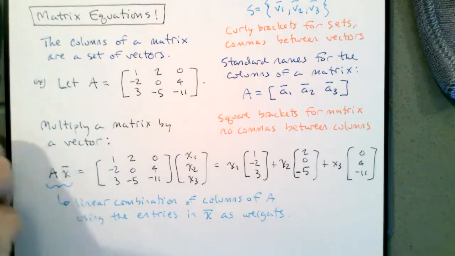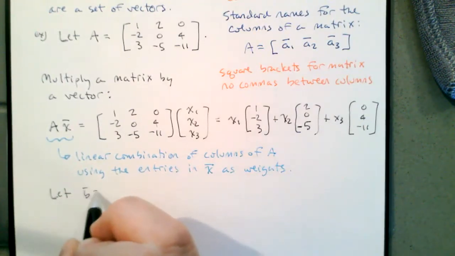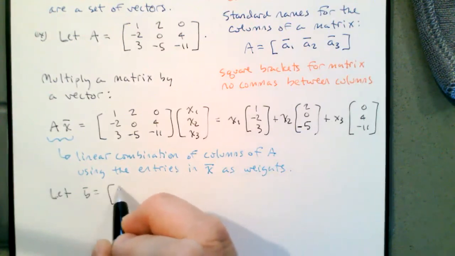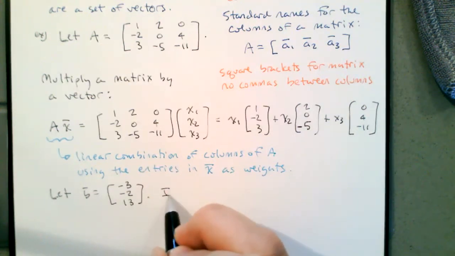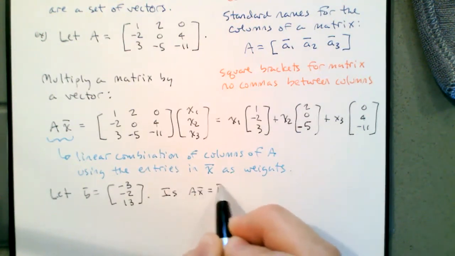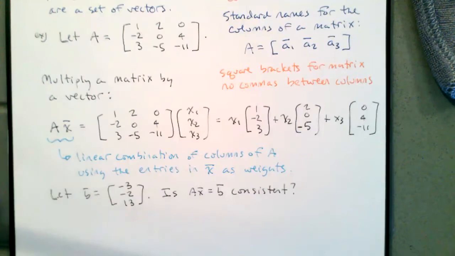So if I said something like, let B equal the vector, I don't know, let me come up with something totally at random. If B is the vector -3, -2, 13, and A is this matrix, I could ask a question: is AX equal B consistent? That's equivalent to saying, is B a linear combination of the columns of A?